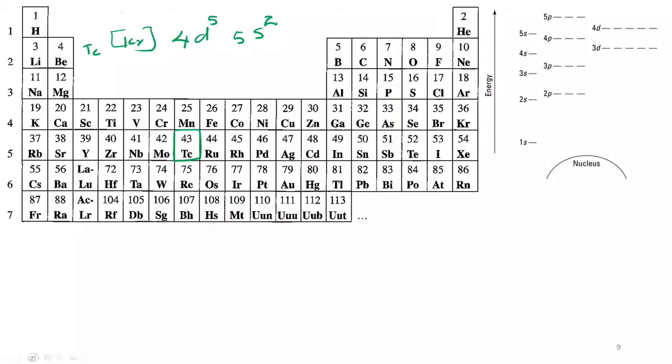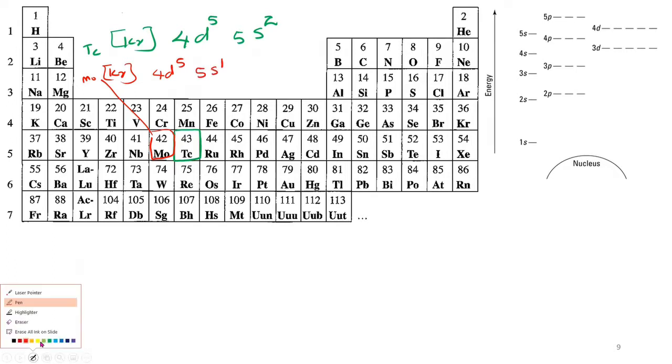Remember, for molybdenum, we previously wrote krypton for the 5s1. So now our krypton, you can expect this one, and that is the actual electron configuration you're going to have.